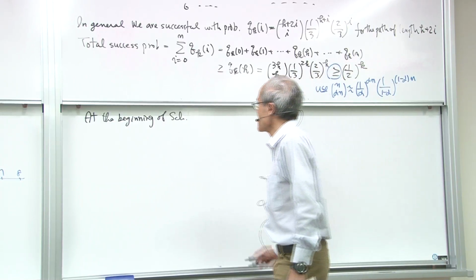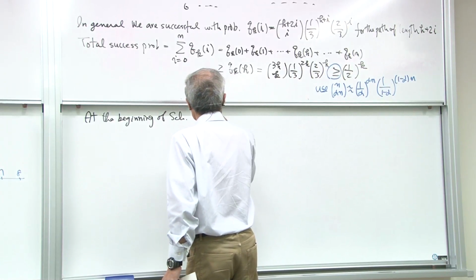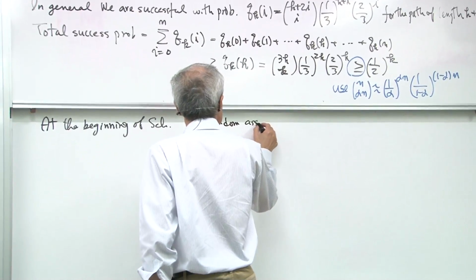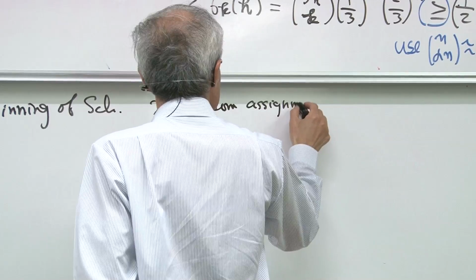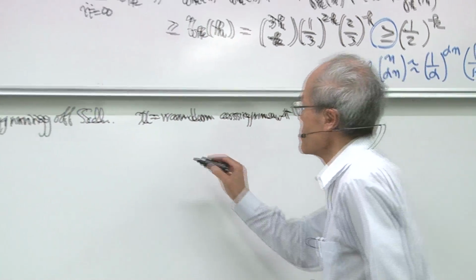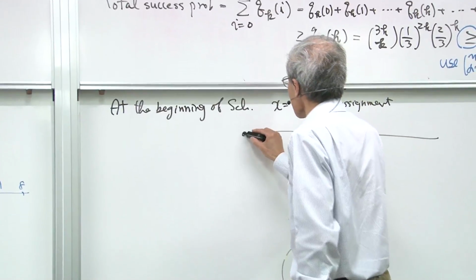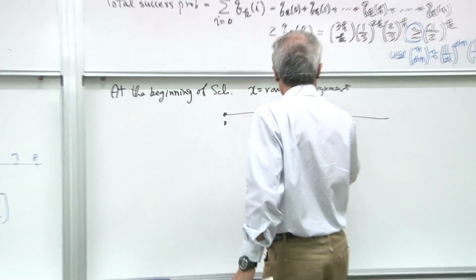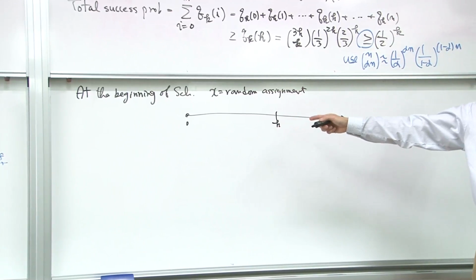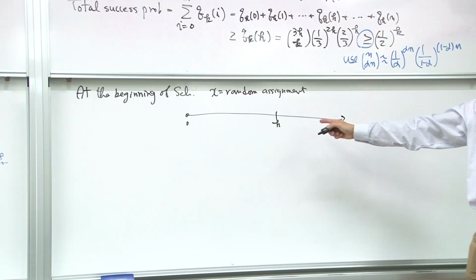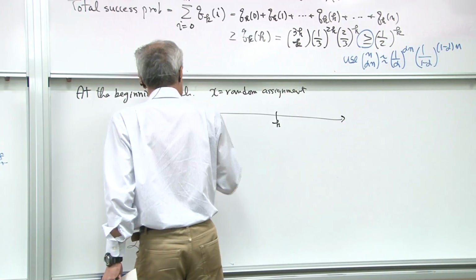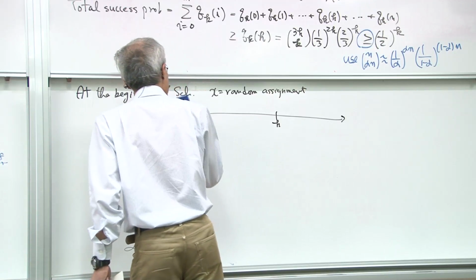Then this is the final goal, and this is K. So what is the probability that you come here?